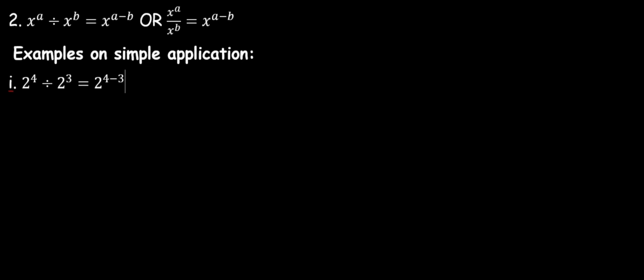That is 2 raised to power 1. Another example, 5 raised to power 3 divided by 5 raised to power 1 is equal to 5 raised to power 3 minus 1. That is 5 squared.